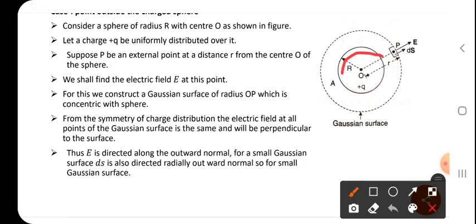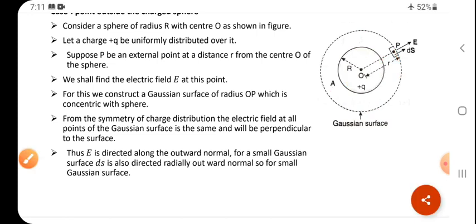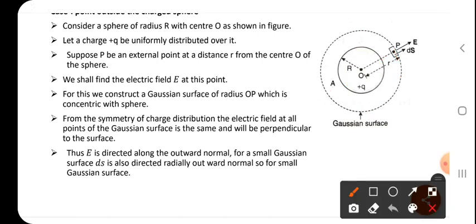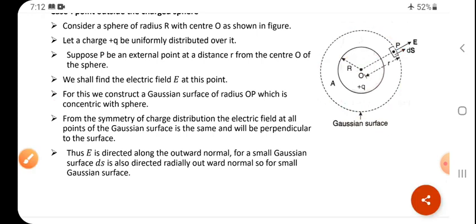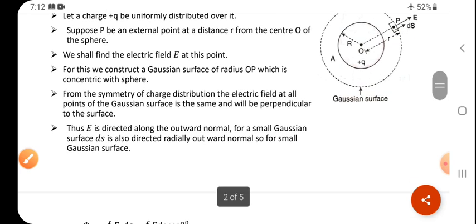If it is a solid line, that is not a Gaussian surface. A dotted line indicates a Gaussian surface. It is a concentric sphere. Concentric means this sphere and this sphere both have the same center.